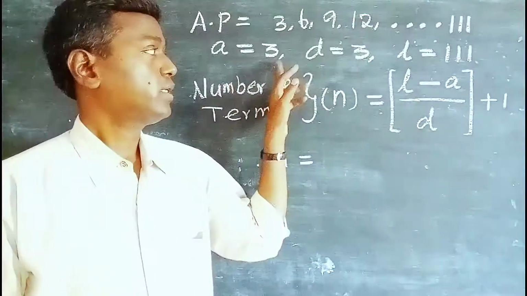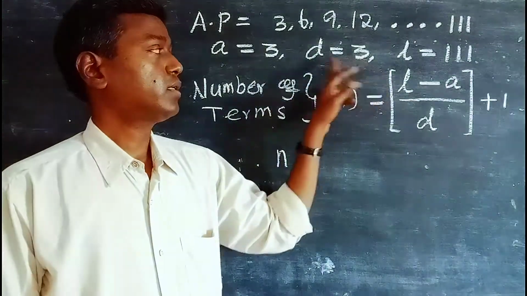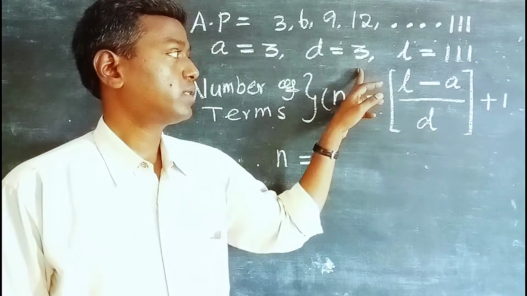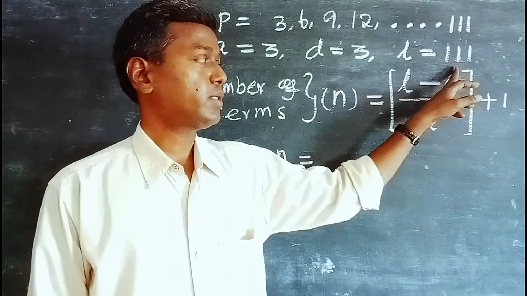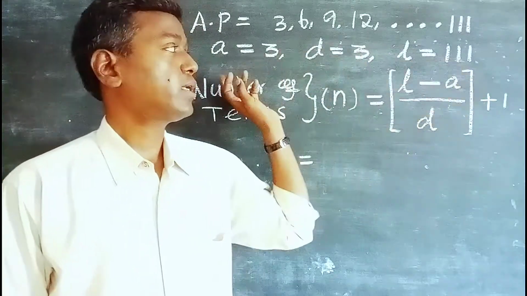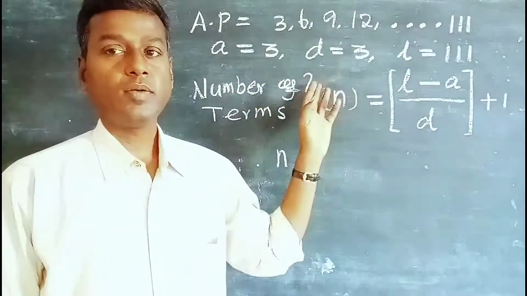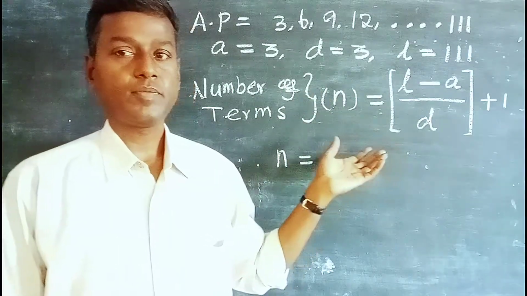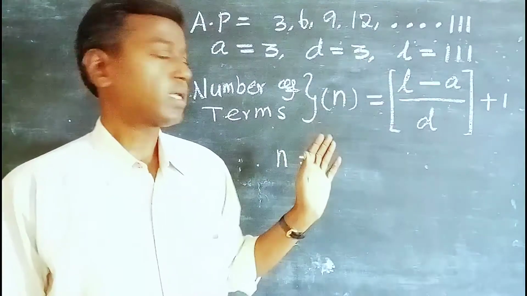A equals 3, the first term is 3, D equals 3, the common difference is 3, L equals 111, the last term is 111. We already found these values. With the help of these values, now we are going to find the number of terms in the given arithmetic progression.